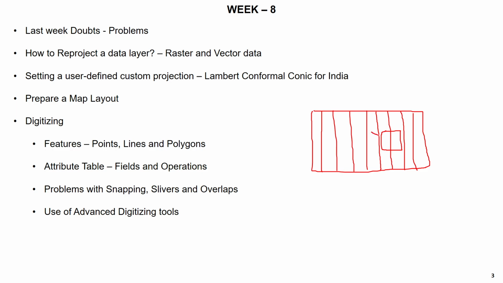So Lambert Conformal Conic. Which means you are going to have a cone that is cutting your globe at two certain points. So it is a secant data type, and when you are opening the cone, it will look something like this.